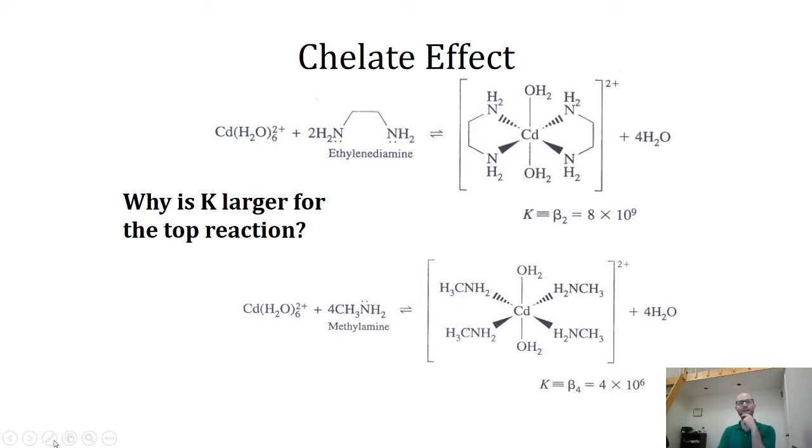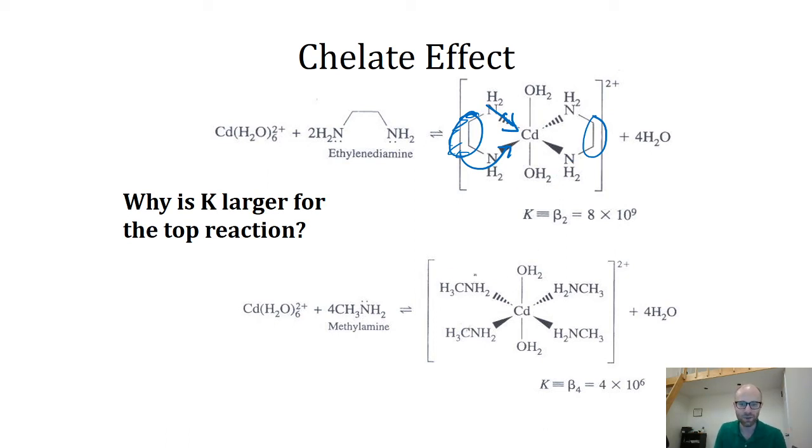The nice thing about ethylene diamine is as soon as one side attaches, the other one's all flopping around in the background, and the opportunity for it to flop into place is much larger because it's physically tethered with a covalent bond. That drastically reduces the entropy factor because they're literally attached to each other via this bond. So as soon as the first one attaches, this other one flops around for a bit and pops right in. It's ready and waiting, kind of.